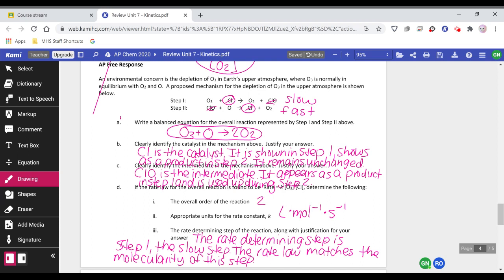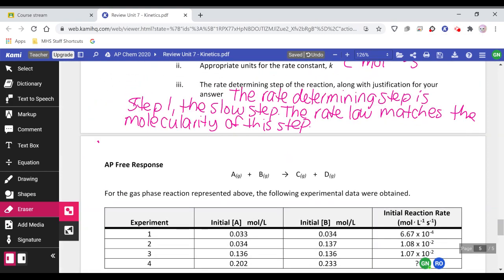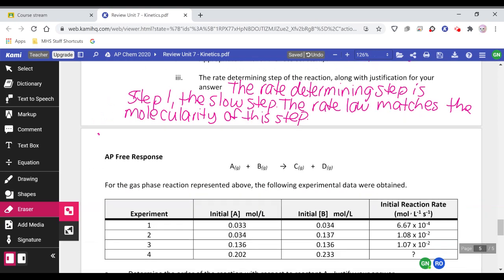And so if we had written out our proposed rate reaction for step 1, it'd be rate equals K times concentration of O3, concentration of chlorine. Well, no, that wouldn't work either. No, they had to tell us. I just wanted to look at that real quick. Do you all get that written down? Okay. Let's look at the next one.